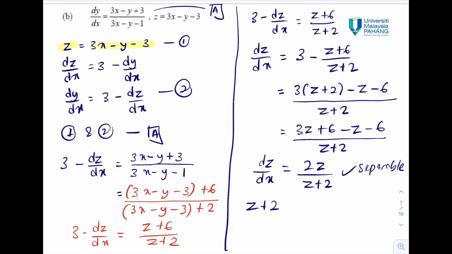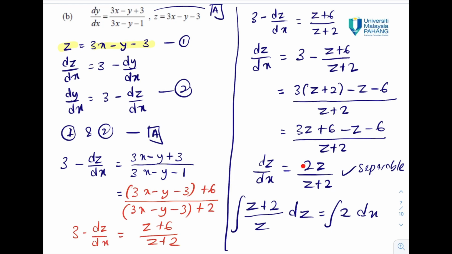Okay, then I just bring my z, and then I leave my 2 over here. Okay, look carefully. I leave my number 2. This is my number 2, right?